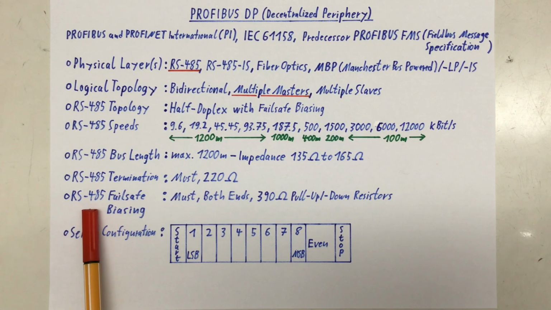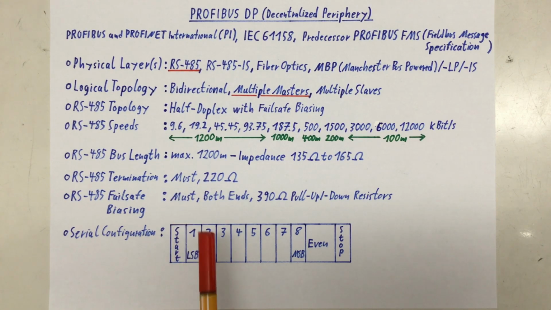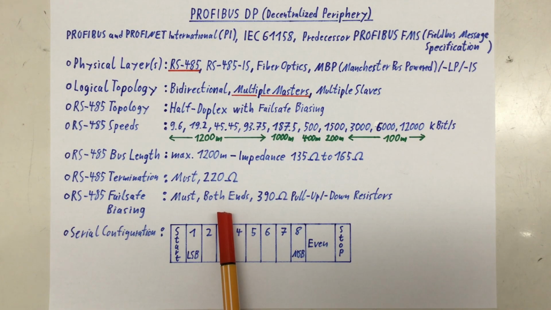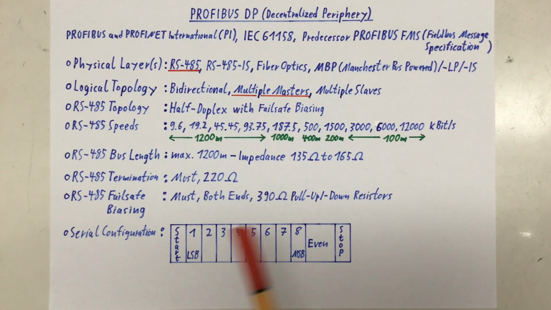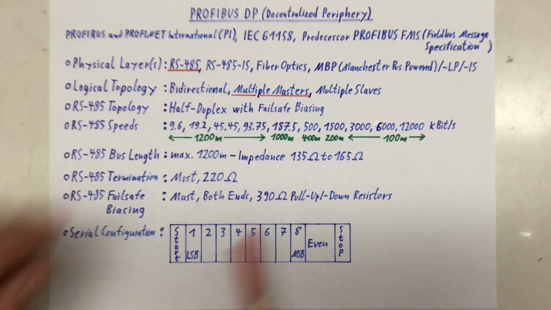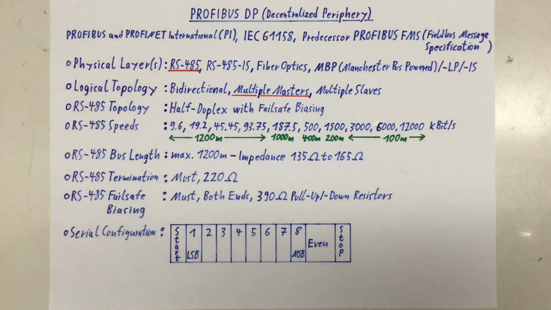Failsafe biasing your RS-485 line is also a must, and it has to be done on both ends with 390 ohm resistors. If you do the calculation for the combined termination resistance at the end of the line from the termination resistor and the failsafe biasing resistors, as we've done in the second part of the details, link in the description, you end up with about 171 ohms, which is quite close to the 165 ohms of the line impedance.